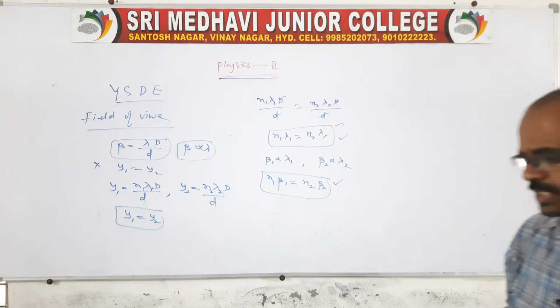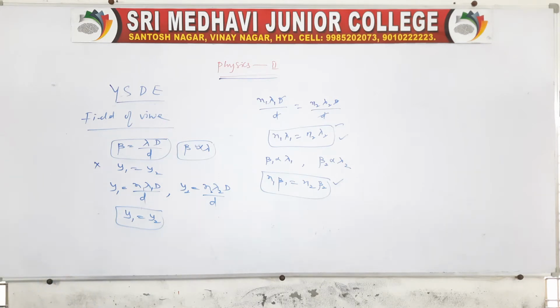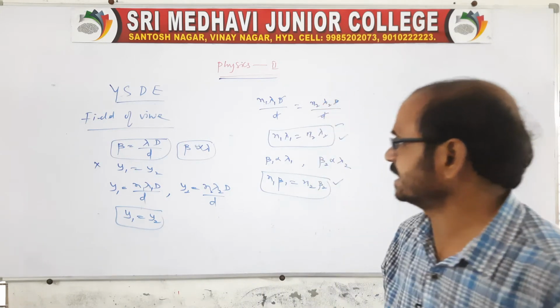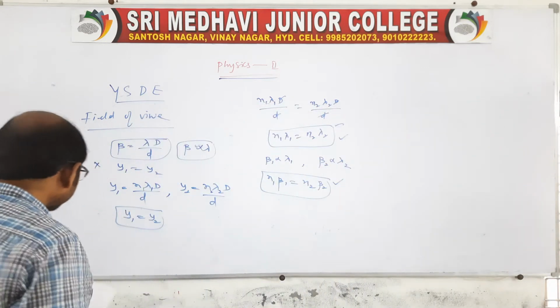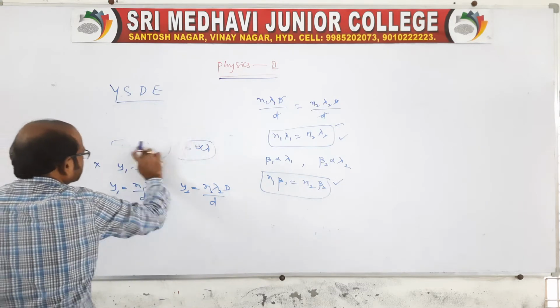Clear? And you go through the derivation. There is another application related to Young's double slit experiment, that is the angular fringe width.